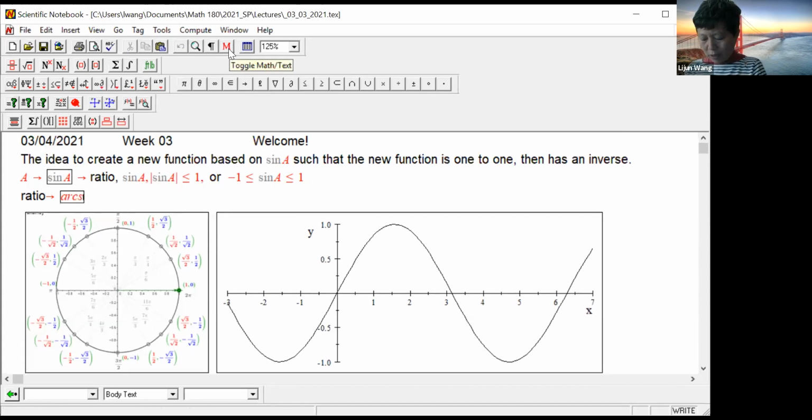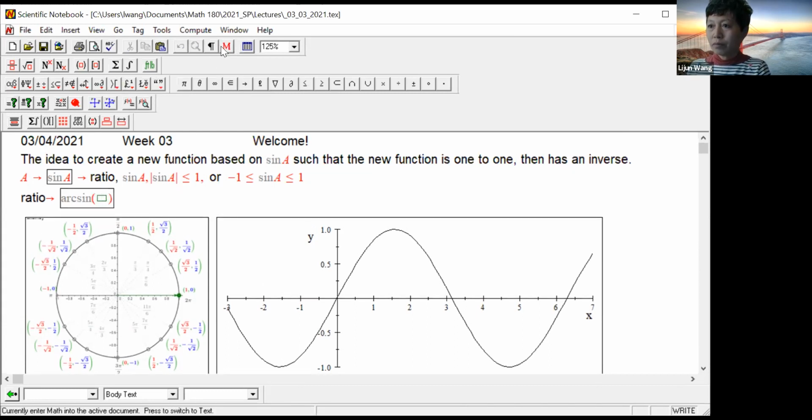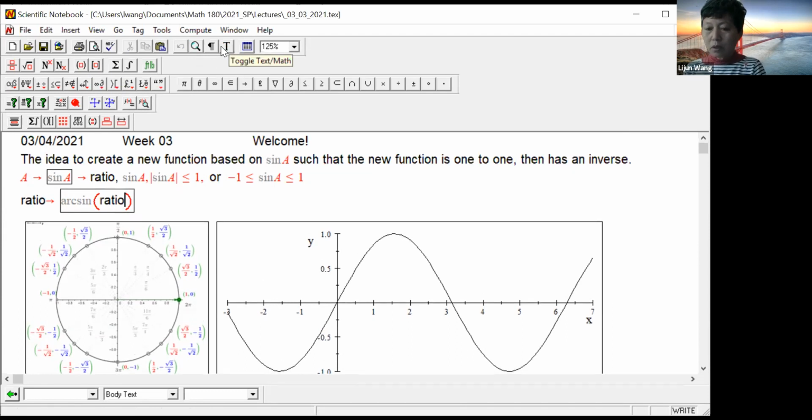Some use arcsine of the ratio. So the input for arcsine is a ratio. The other notation that we use is sine inverse, and they all mean the same thing. The input is a ratio. And what will be the output? The output will be angles.